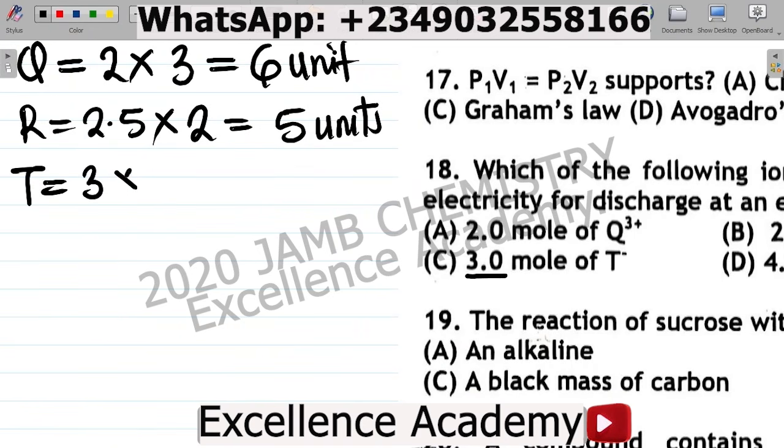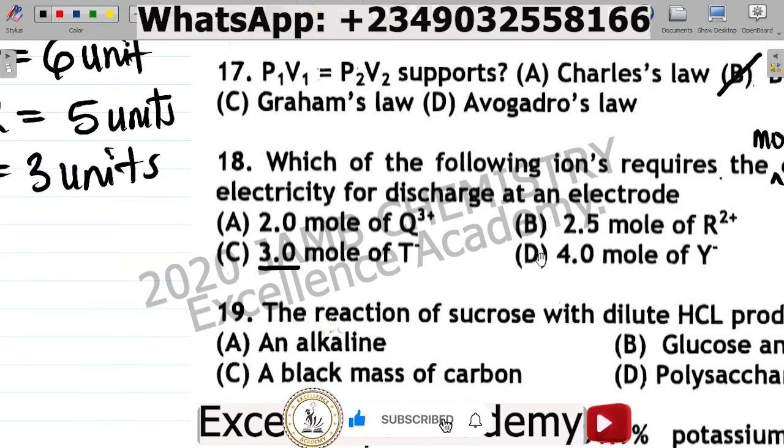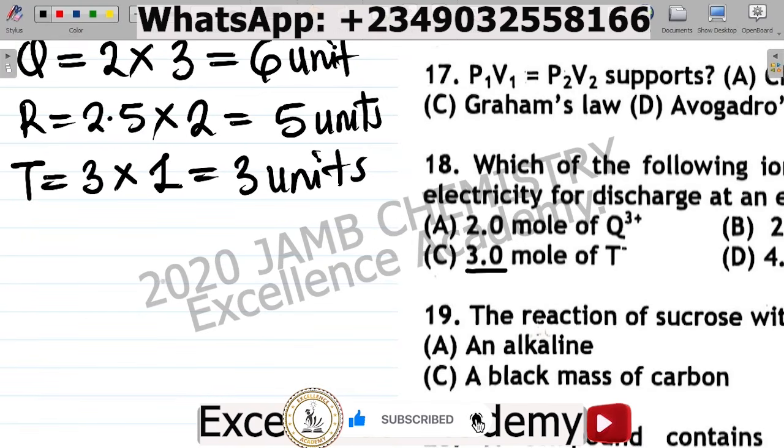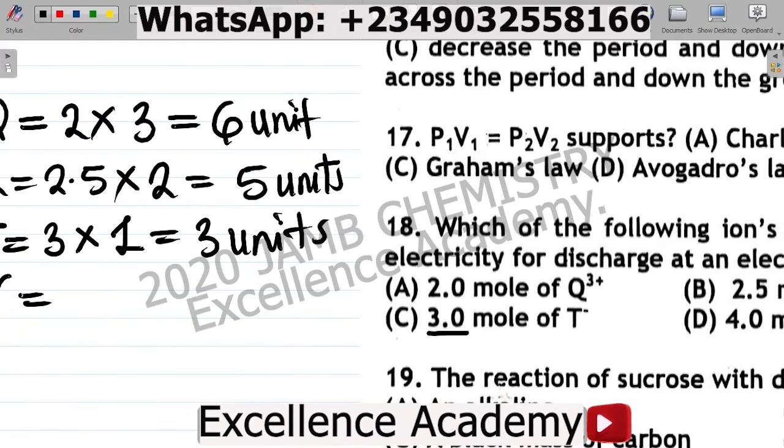So 3 moles times negative 1, but we don't use the sign, just take the number. It's negative 1, but it's still 1. 3 times 1 gives you 3 units. Then finally, for D, you have 4 moles of Y minus 1. Number of moles is 4, so it becomes 4 times 1. Again, you don't include the sign, just take the numbers. 4 times 1 gives you 4 units.